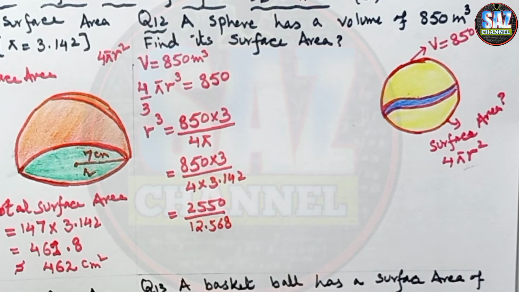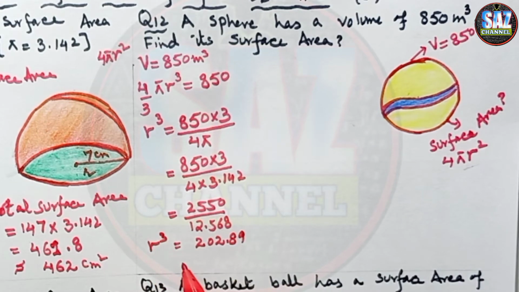And now I have to divide 2550 by 12.568, and this gives me 202.89, which is r cube.